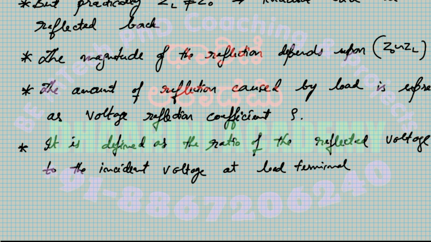How much is reflected, you will be able to identify at that point. At the load terminal, we'll be able to identify. So that's how we'll write.